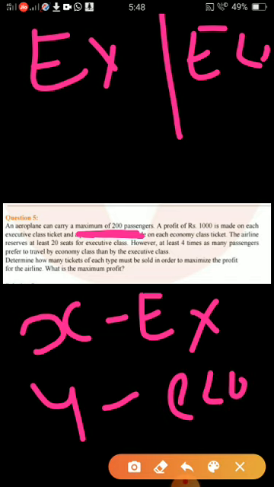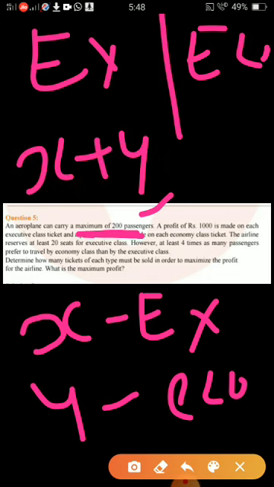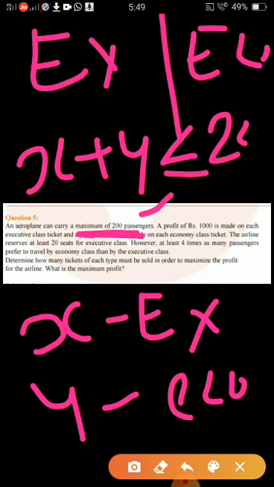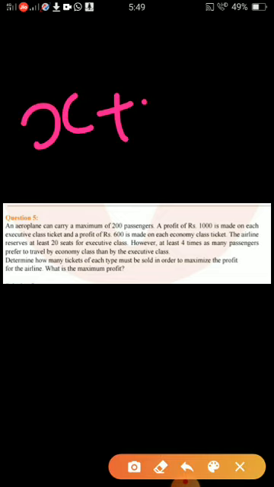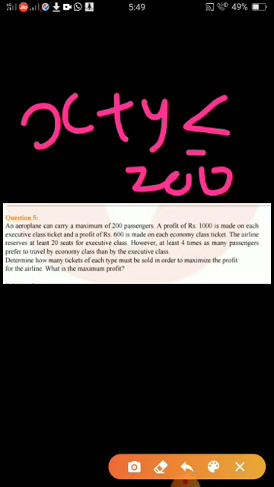What is the first one? An aeroplane can carry maximum of 200 passengers. How many passengers will I have? It will be x plus y. Maximum is 200, so what will be the inequality? Less than or equal to 200. So the first inequality, is it clear? x plus y less than or equal to 200.